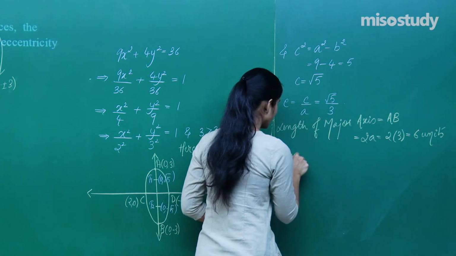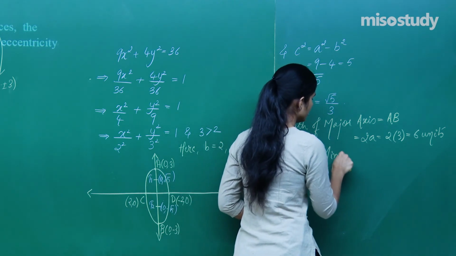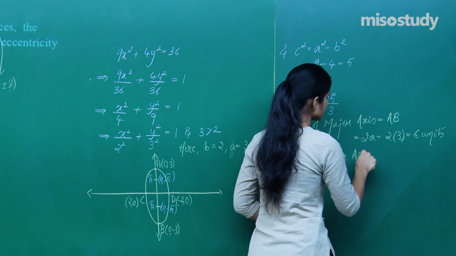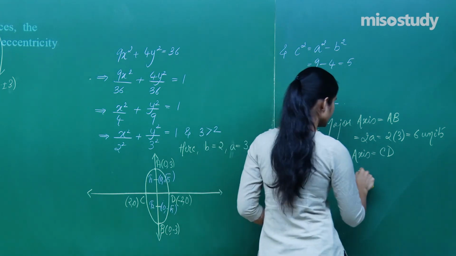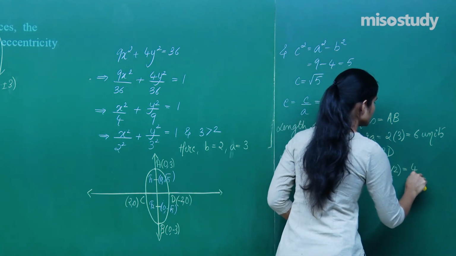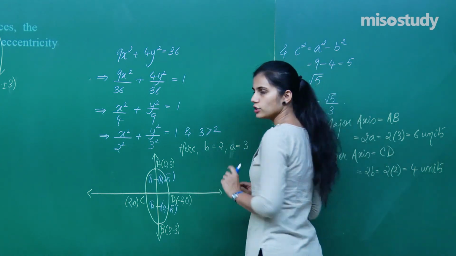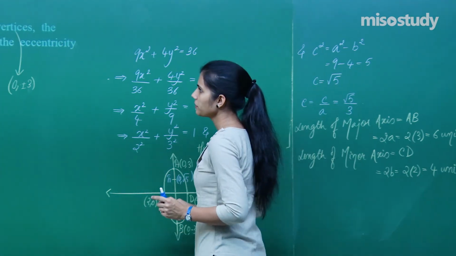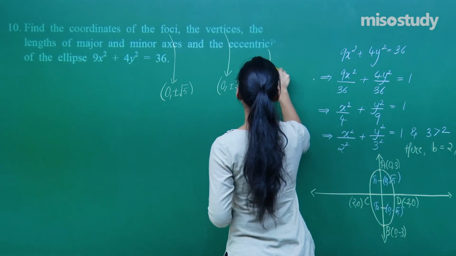So the length of the minor axis, that is the length of the segment CD, is 2B, that is 2 into 2, that is 4 units, because B is 2.